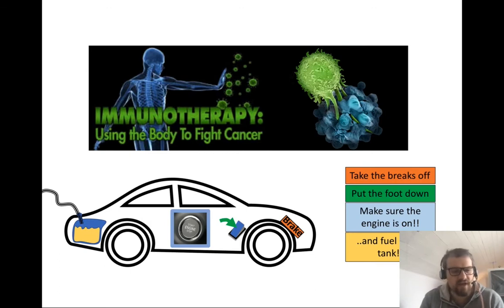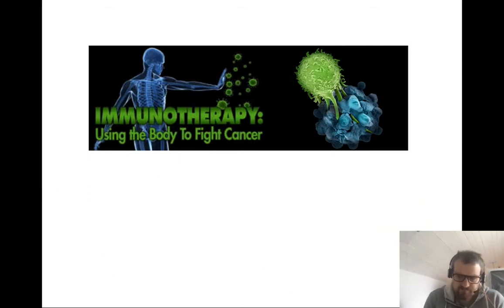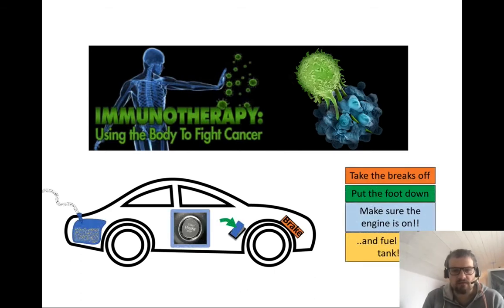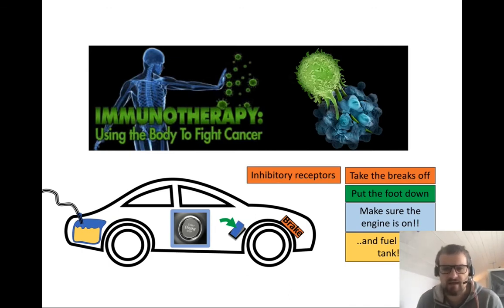So when I think about NK cells and using NK cells for cancer immunotherapy, what does this mean? How does this translate to NK cells? Well, in terms of the brake, we need to think about what inhibitor receptors are being engaged on the NK cells.